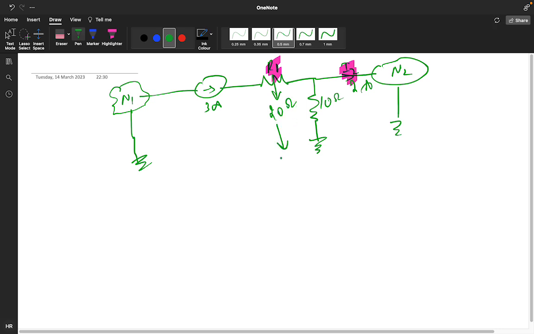Now they are asking, if this becomes 10 ohm, what will be the value of current I2? What are you guys thinking? If we change this resistance, will the value change or not?